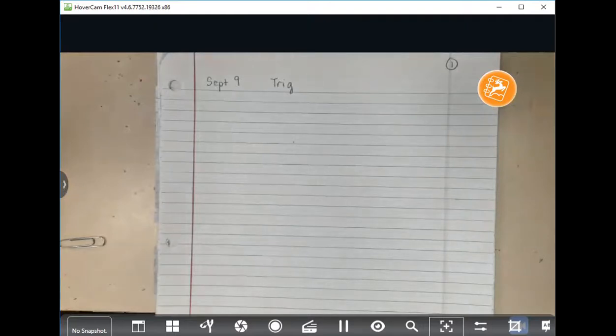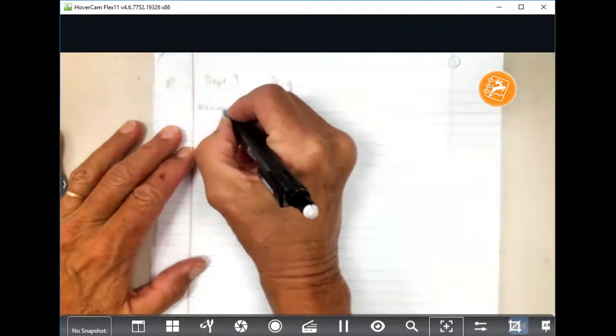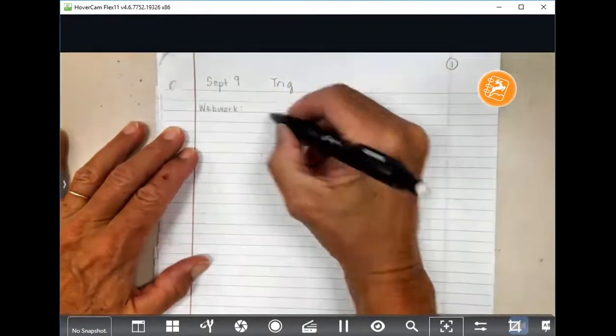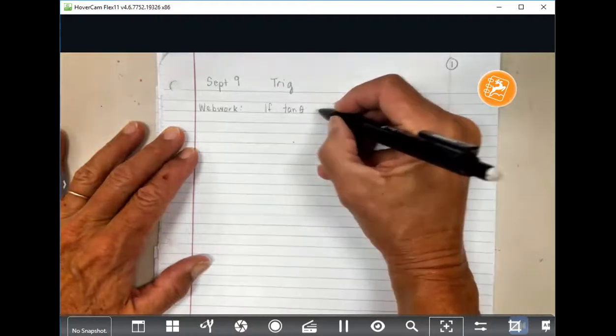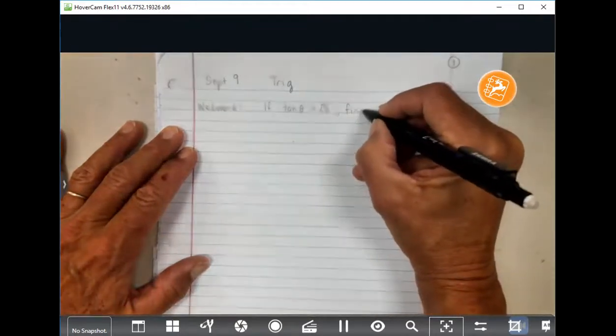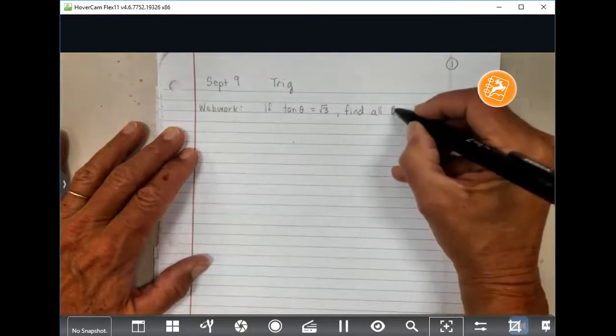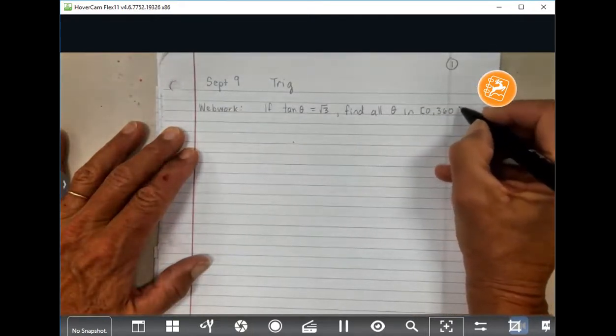Okay, so a WebWork question was like this, some version of this. If the tangent of angle theta is equal to the square root of 3, find all angles theta in the interval from 0 to 360 that make this true.